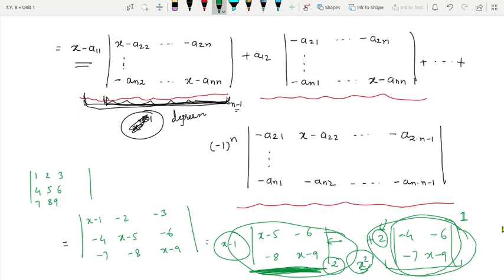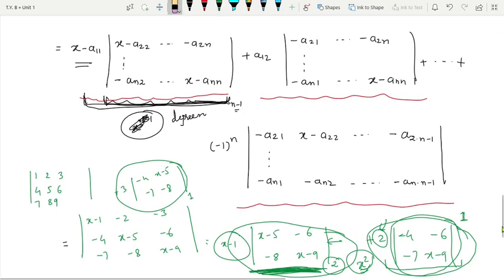And same for the last term. It will be plus 3 times, taking the first row and cancelling out the last column, you will get minus 4, x minus 5, minus 7 and minus 8. So again you are going to get a term having degree 1. I hope you are getting my point. So the same logic we are going to apply here.